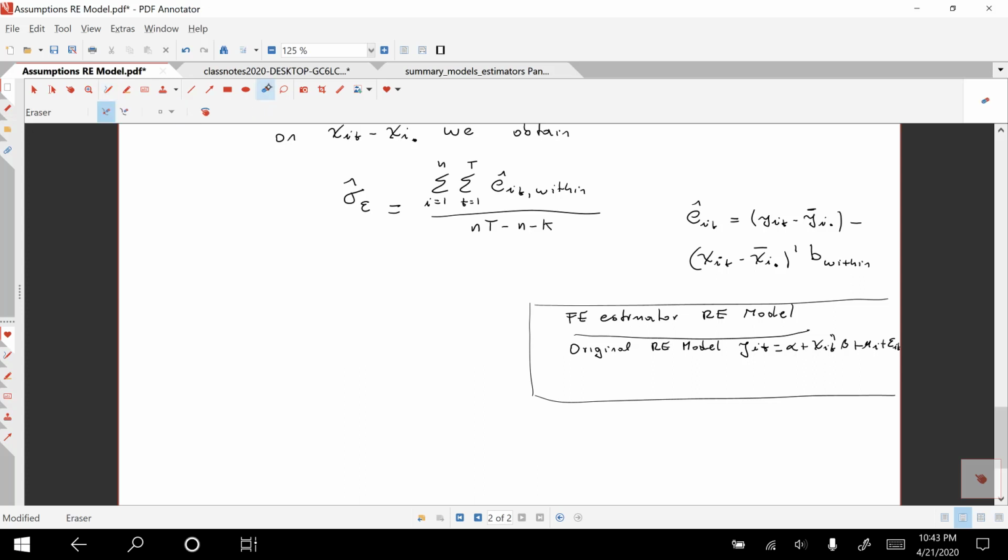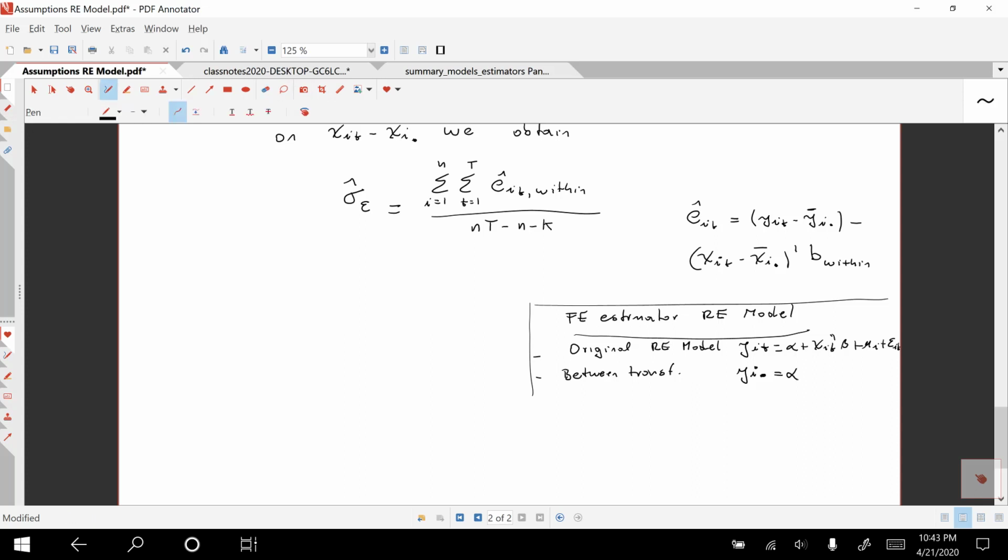Okay, so remember, and then the next step, we need to calculate the between transformation for this random effects model, and that would be y_i dot.